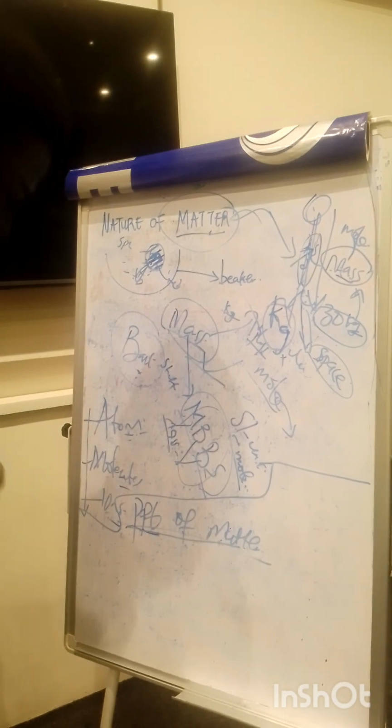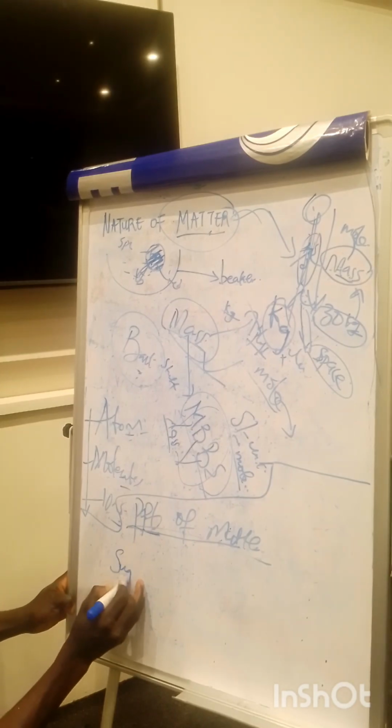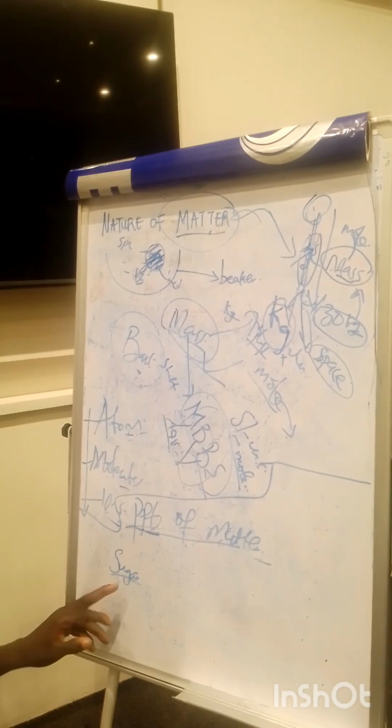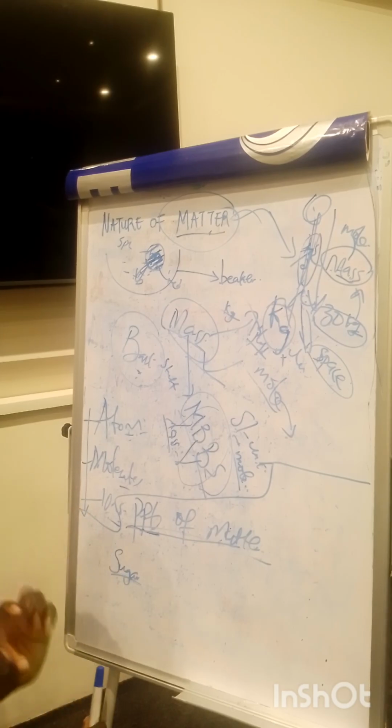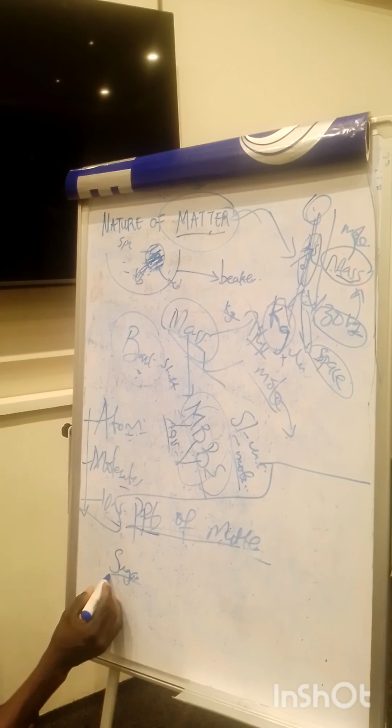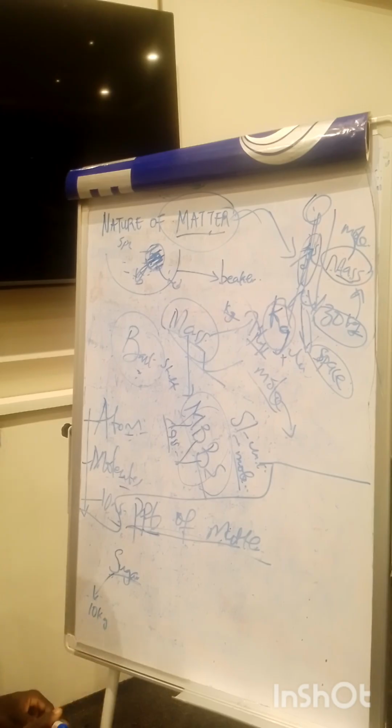You know that this is a matter, because anywhere you put this sugar, it will occupy space. And it has a mass. You can weigh it and have something like 10 kilograms or more. So that's enough proof that sugar is a matter.